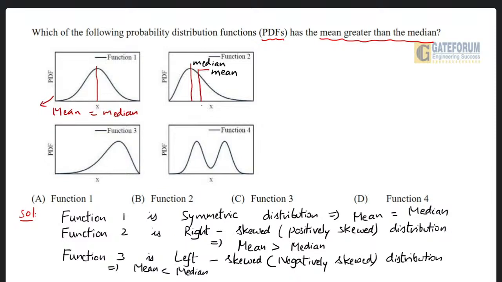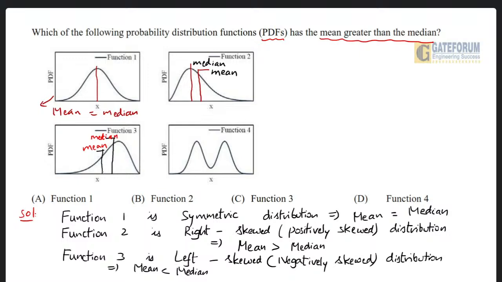When going towards the right side on the horizontal line, x values increase or not. And in negatively skewed, okay, this represents mean, and this represents median. And this is median.